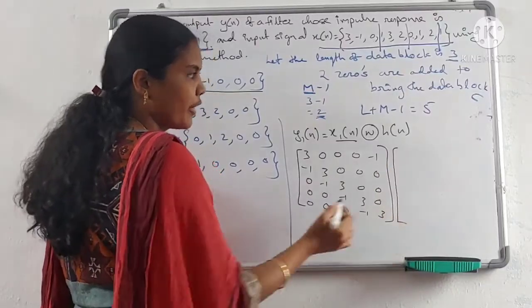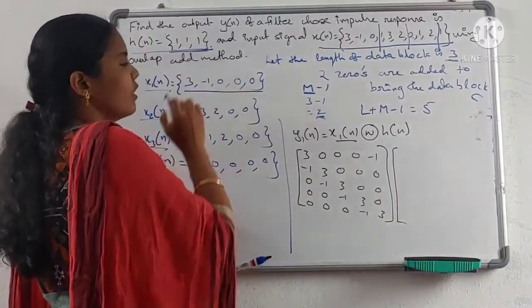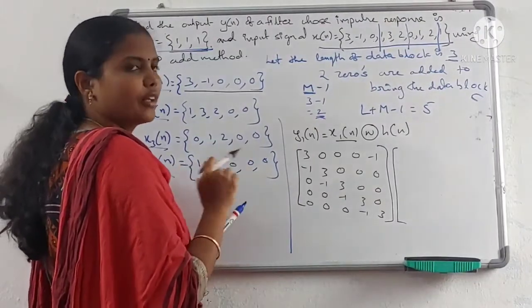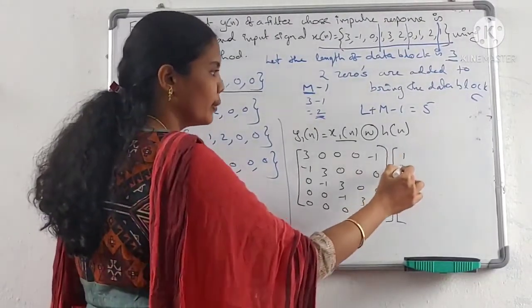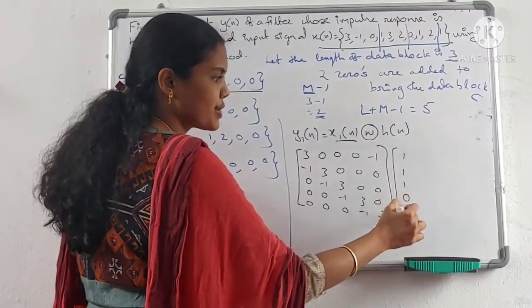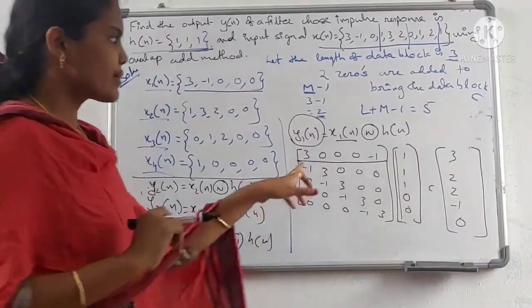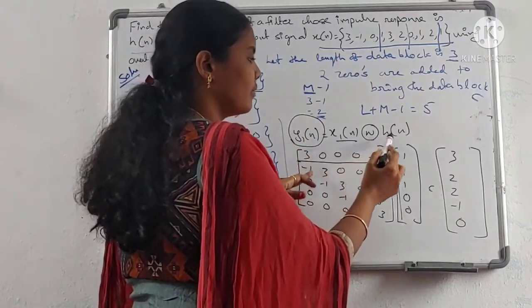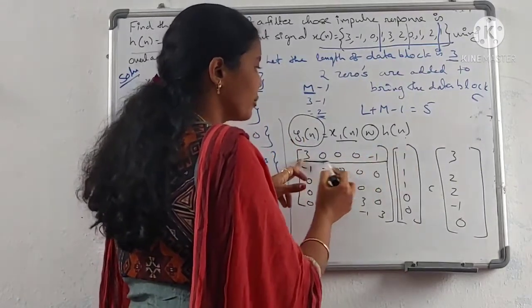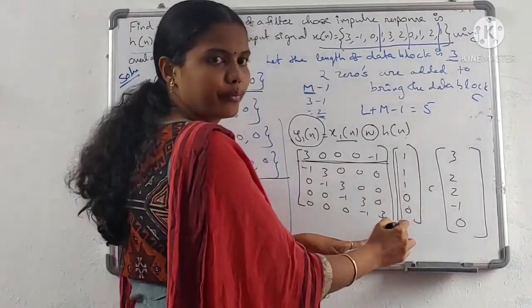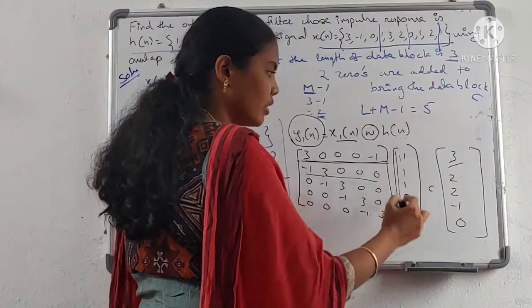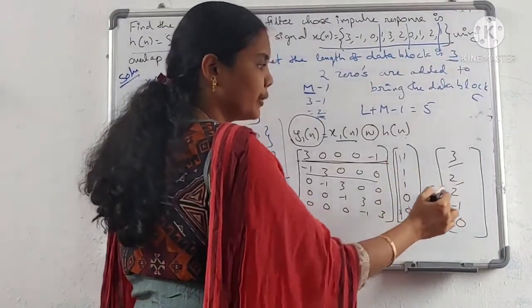What is h of n? h of n is 1, 1, 1, three ones. In order to equate the length, you have to add 2 zeros. So y1 of n is equal to x1 of n circular convolution with h of n. You multiply the first row with this column and you get the value 3. After that, the second row multiplied with this column gives 2.